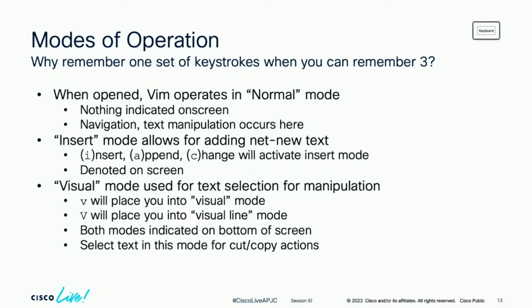Generally, people will operate in normal or insert mode. There is a third mode called visual mode, and that's what we use for text manipulation if you want to select the text. So think of it as dragging my cursor along a line of text or along a block of text and selecting it so I can delete it, cut it, paste it, etc. I'll show each of those modes here.